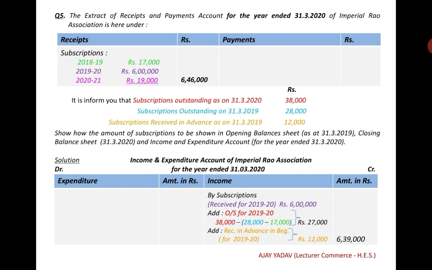And we will add subscription received in advance in the beginning, rupees 12,000. The figure comes to 6,39,000 after all calculations, and it will be shown in the income and expenditure account.